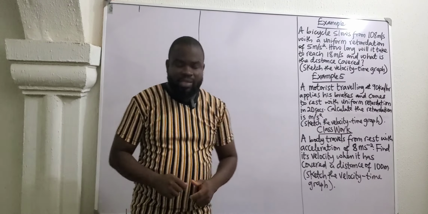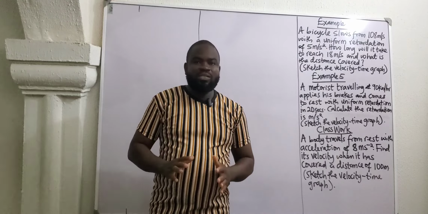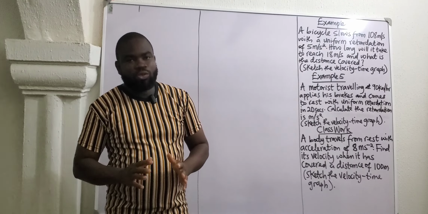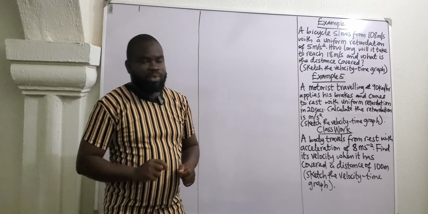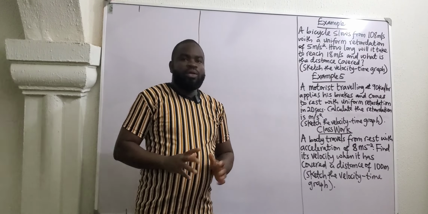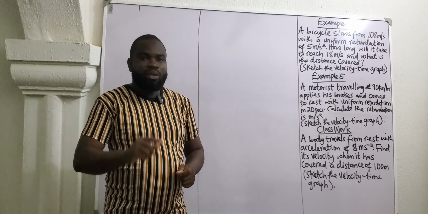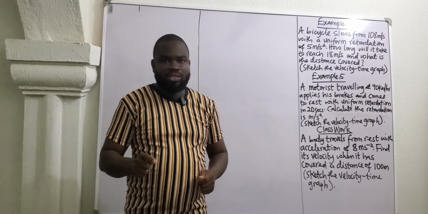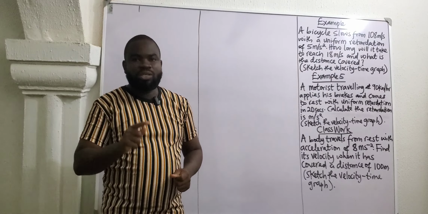In our last class, we did 4 statements of facts about motion in a straight line. I want to apply especially statement number 4. Let me recap the 4 statements again. Whenever a body starts from rest, it means that the initial velocity of that body is 0.